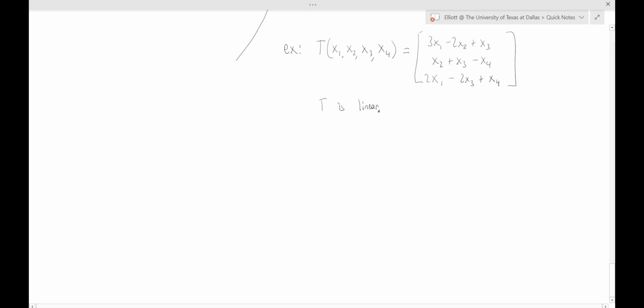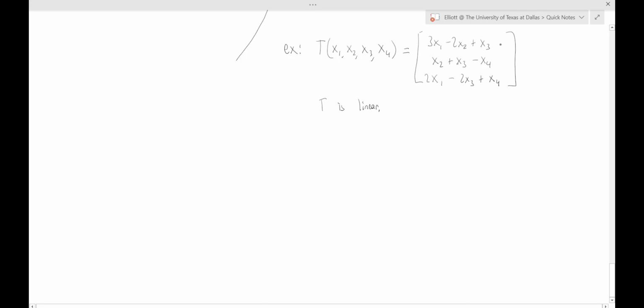You can always tell if it's a linear transformation when you look at the outputs. None of the variables should be raised to any power, and they should just be added and subtracted, and maybe multiplied by scalars as well.